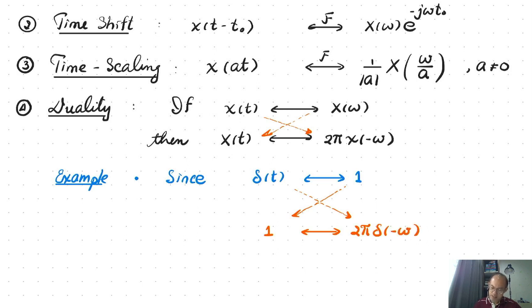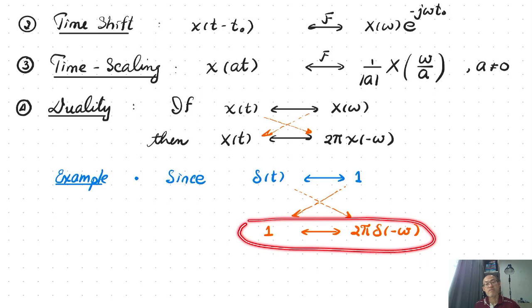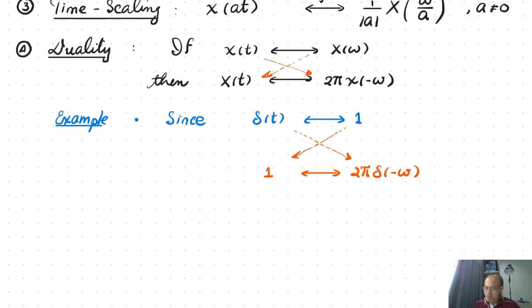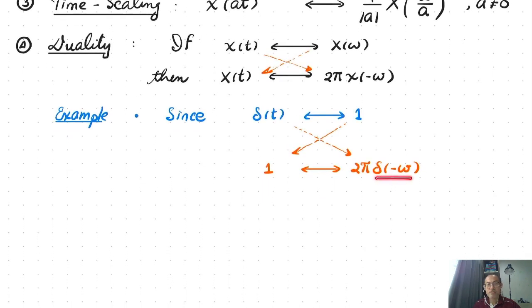Can you see? We can apply this to delta. So we move 1 across to the left and delta across to the right, then we can get this Fourier transform pair. And because delta is an even function, delta of minus omega is equal to delta of omega. So that is 2 pi.